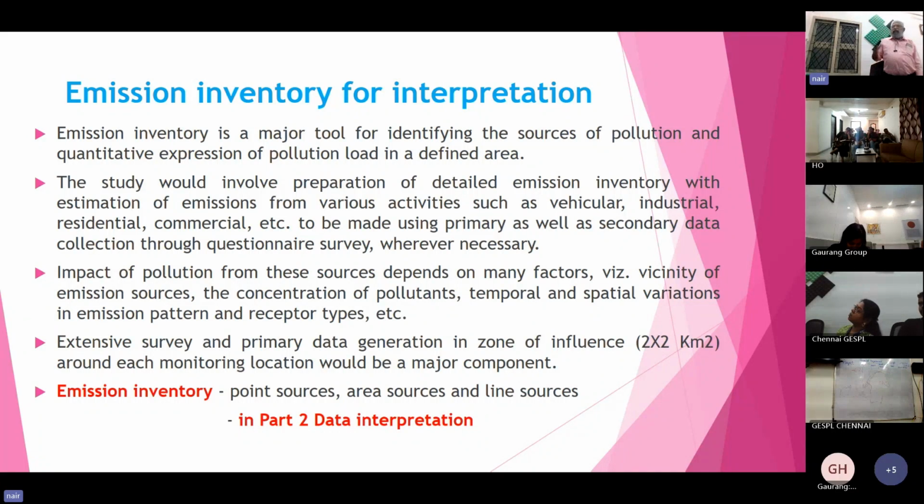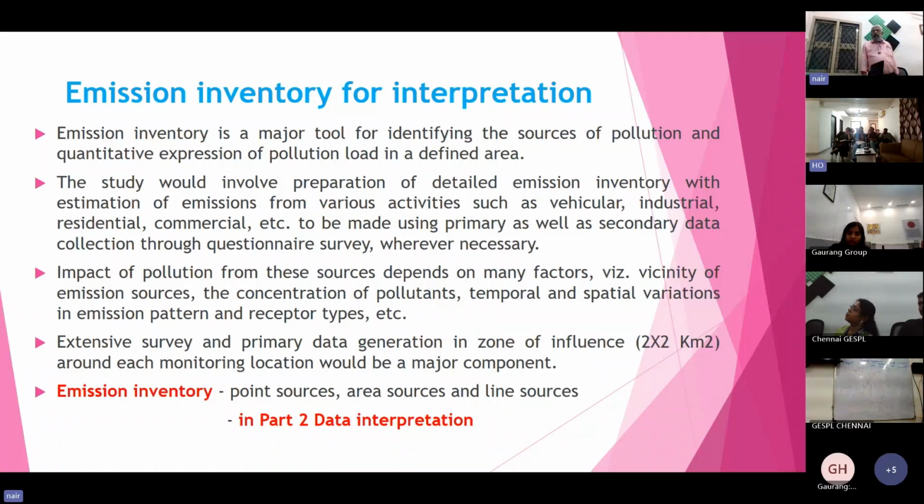Then extensive survey and primary data generation in the zone of influence around each monitoring location will be a major component, that is 2 by 2, 4 square kilometers. In other cases we are doing the buffer area, that means 10 kilometers, but extensive survey is required for interpretation of air quality data for 4 square kilometers. Keep it in mind, because it is a major concern about the emission.